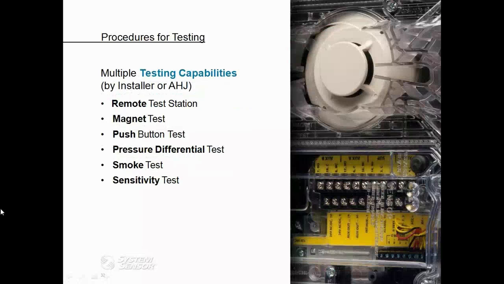When performing the recommended testing on duct smoke detectors, there are a number of different options to meeting the testing requirements. First, remote test accessories are commonly used for testing since detectors are typically installed in areas that are not easily accessible. Magnet testing is another way of testing the detector. Nowadays, most duct smoke detectors will have a built-in test feature with push button and reset functions.